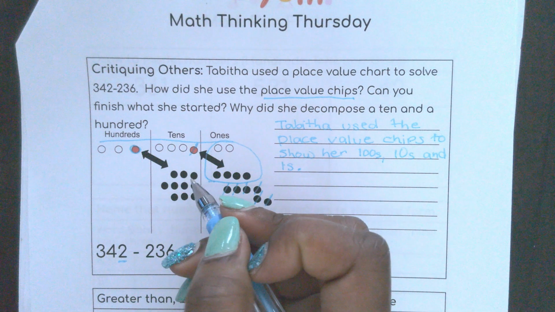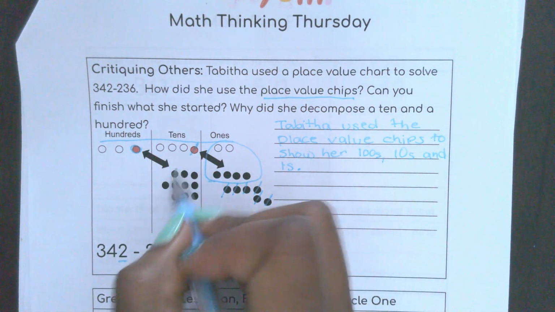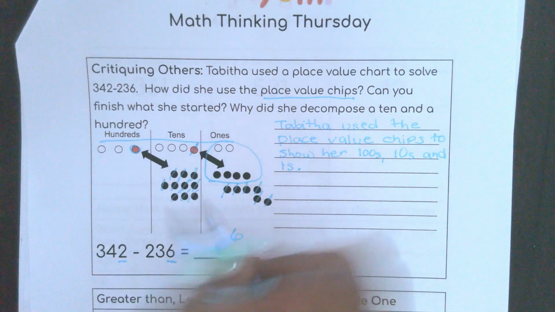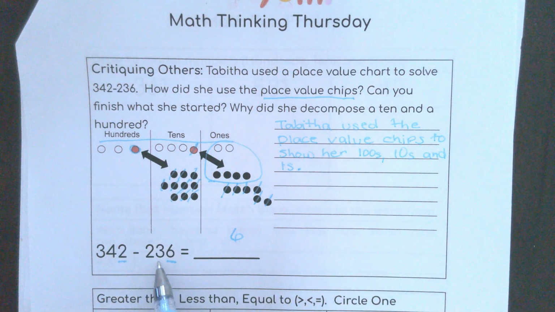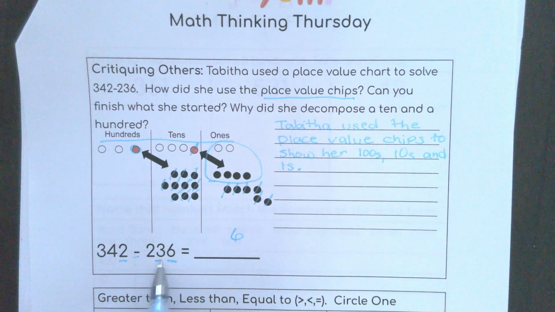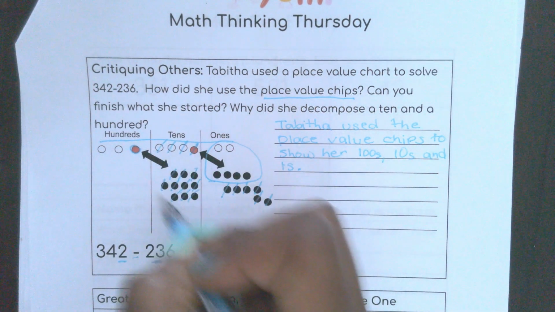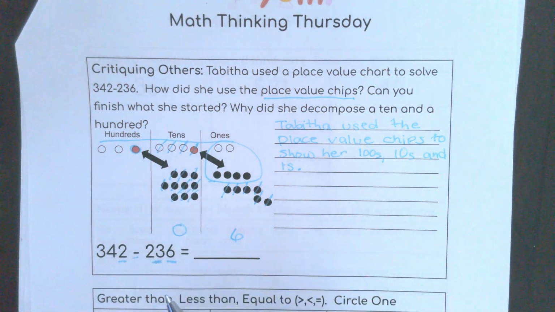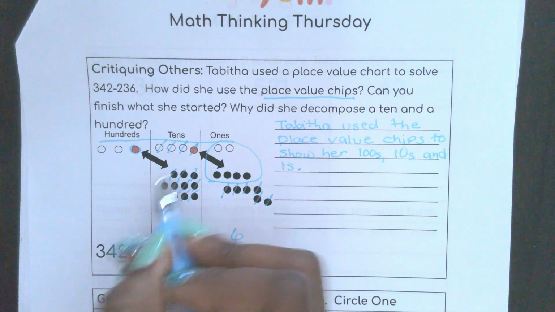But what I am going to do is I'm going to cross out all of these because she shouldn't have moved them here. They should stay all over here. And I can subtract 3 10s. See how I'm subtracting 3 10s? So if I subtract 3 10s, I should have 0 in the tens place. The reason why I have 0 is because none of these should have been here. That was a mistake Tabitha made.